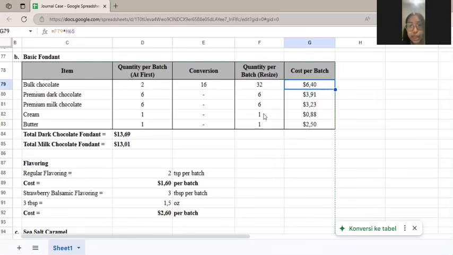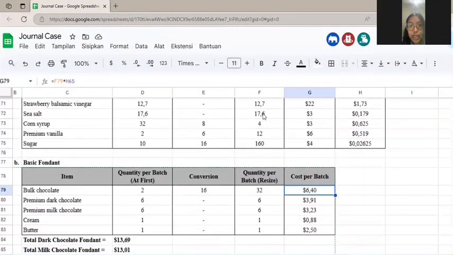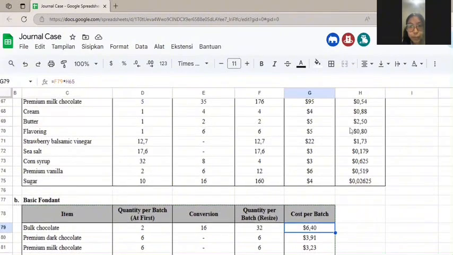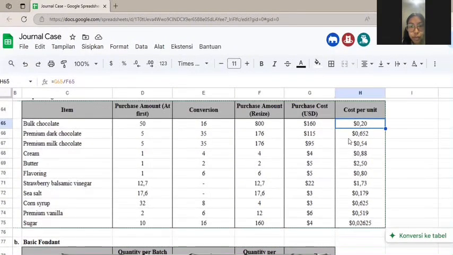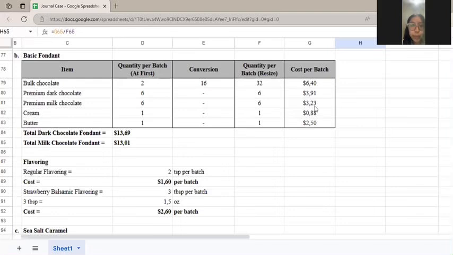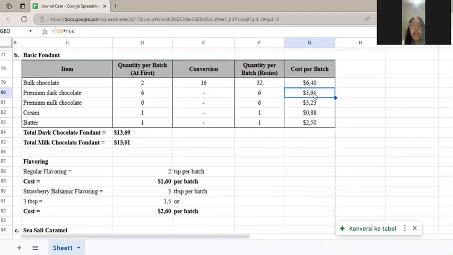Could you please search H65? Okay, that is the cost per unit for milk chocolate. And then scroll down back again to table B. Premium dark chocolate is the same because the conversion is 0, and the quantity per batch resized is 6.